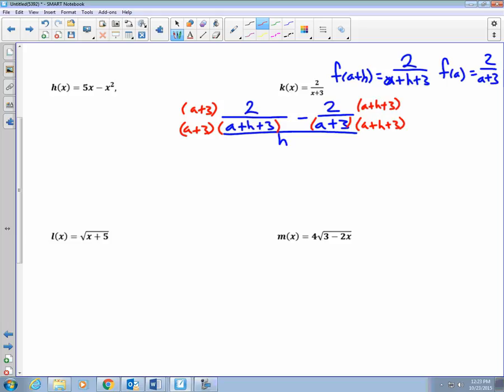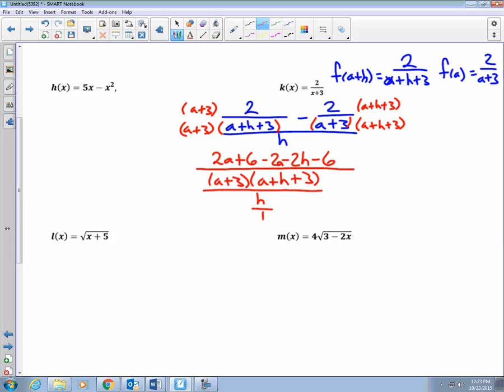All right. So now we distribute. What do I get in the numerator? 2a plus 6 minus 2 times a plus 3 times a plus h plus 3, all over h over 1. What cancels?